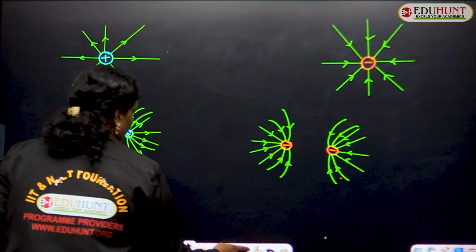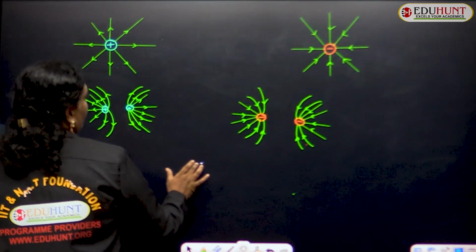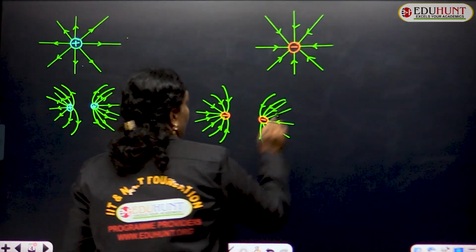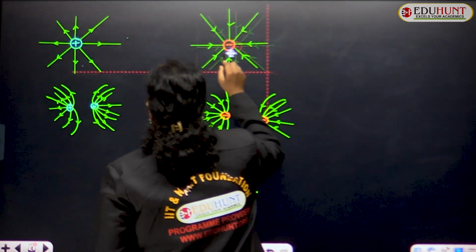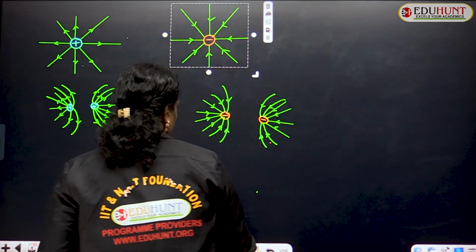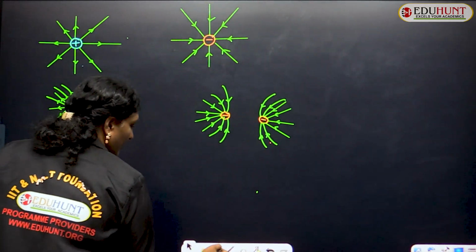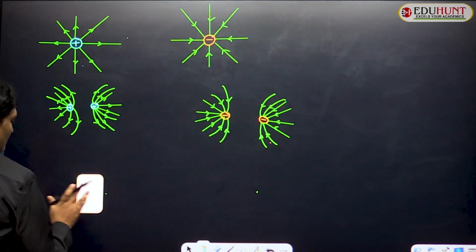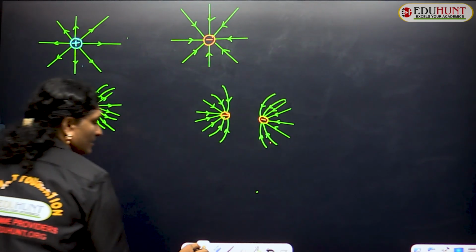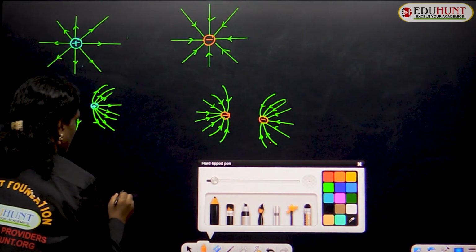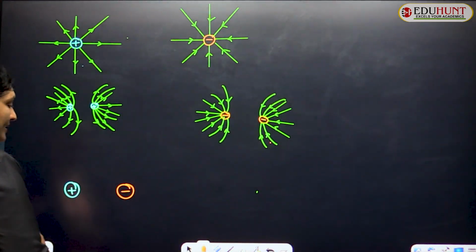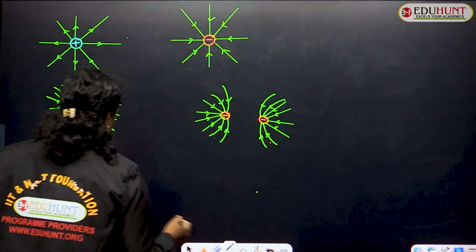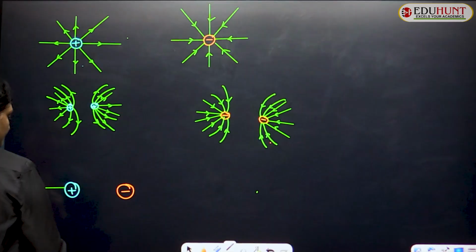One more point, children. What if one positive charge and one negative charge are kept at one place? Then the electric field lines would take some format like this.